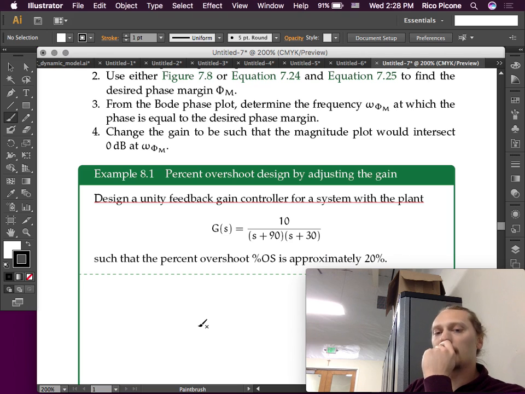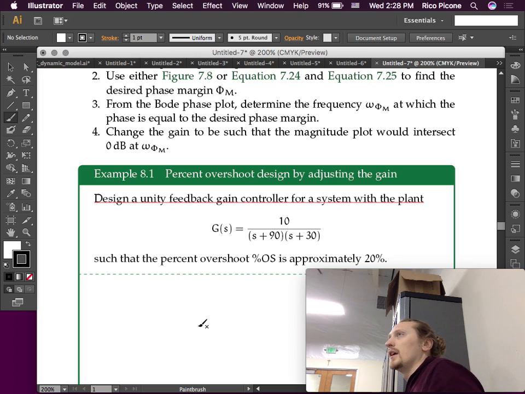And so we have a gain of 10. Well, there are a couple of different things here. If you want to talk about the DC gain of a system, that's the gain at zero frequency, if you had a constant input, and you find that by just setting s to 0. So the gain for this system when s is 0 is actually 10 divided by 90 times 30.